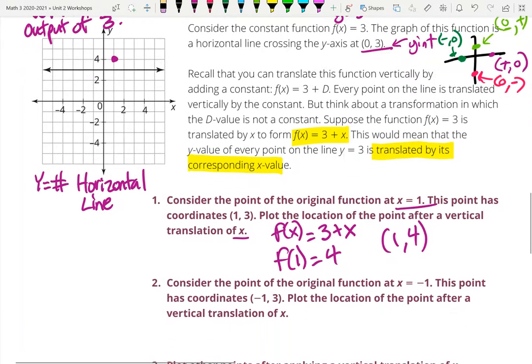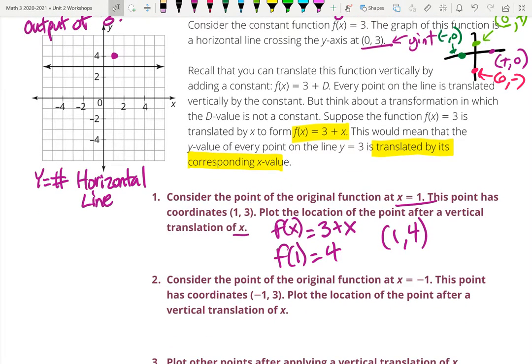Number 2, consider the point of the original function at x equals -1. Okay, it's at -1, 3, because remember, the input doesn't actually change, it's just 3. But now we're going to try to vertically translate it by x.